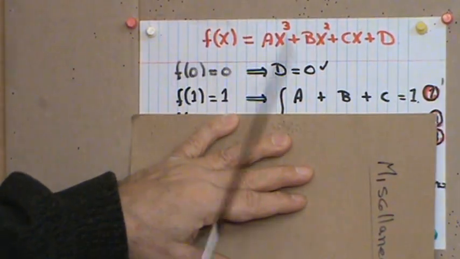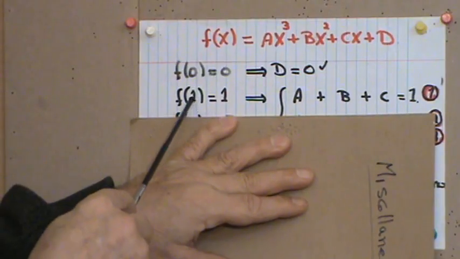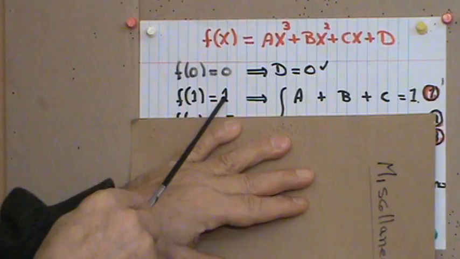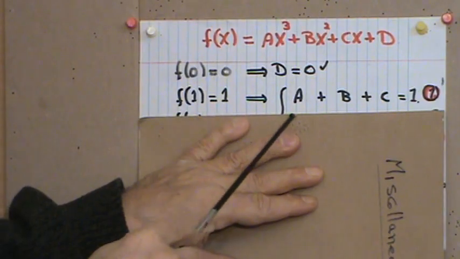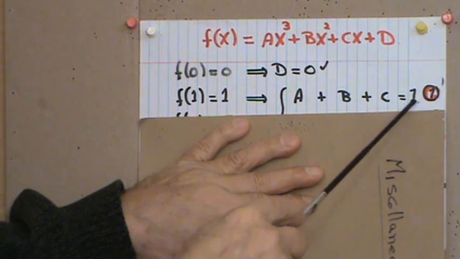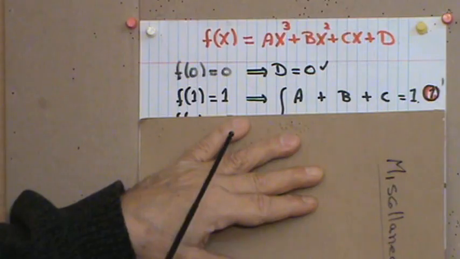So how do we find them? Exactly the same thing. When the input was 1, the output was also 1 from the data that we had. So we put 1 for x and we end up with this equation. We call it equation 1: a plus b plus c equals 1.